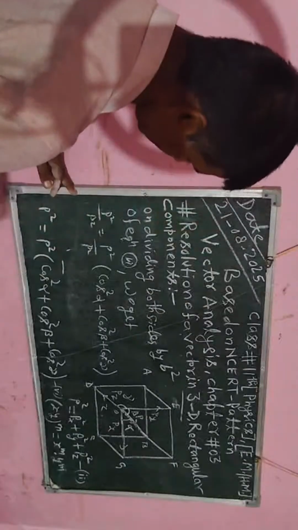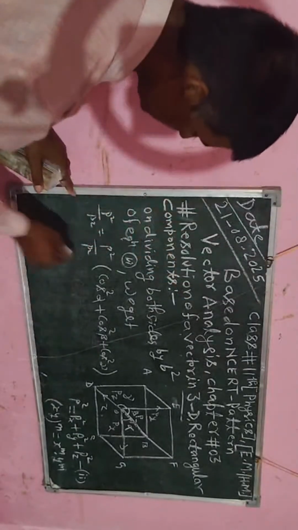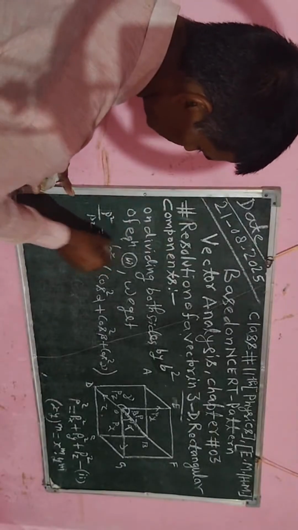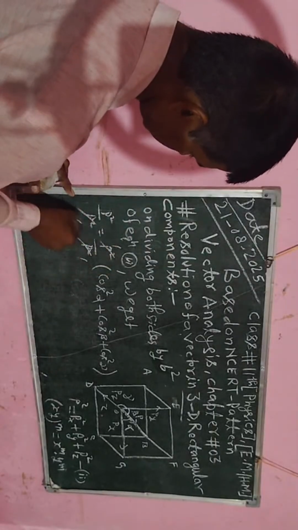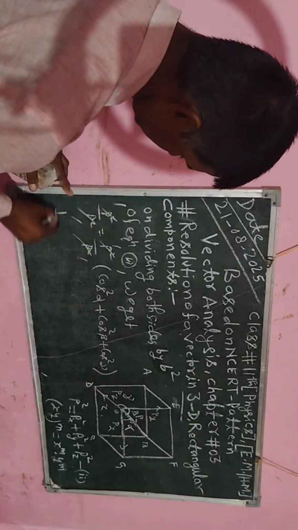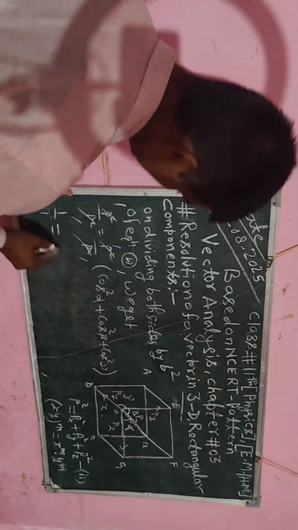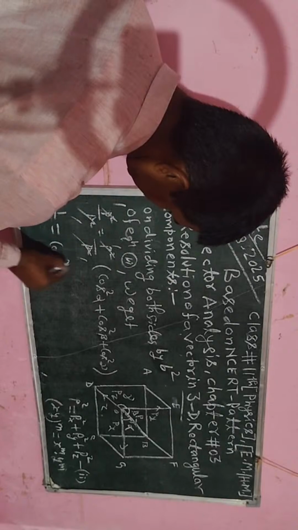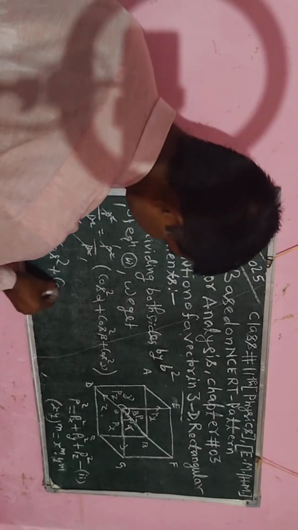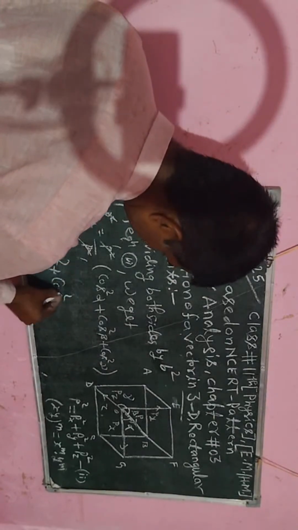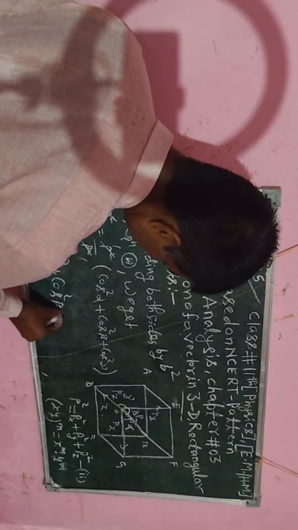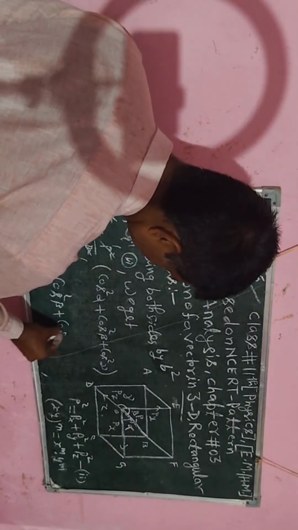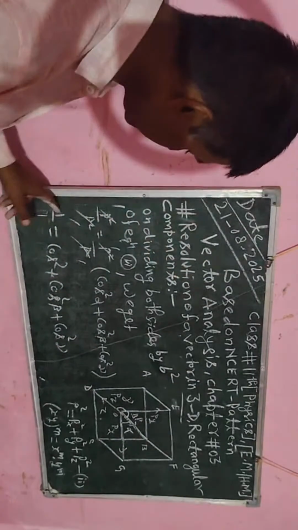Now this P square and this P square will cut. So here will be 1 divided by 1, which is equal to cos square alpha plus cos square beta plus cos square gamma. So one by one will be 1.